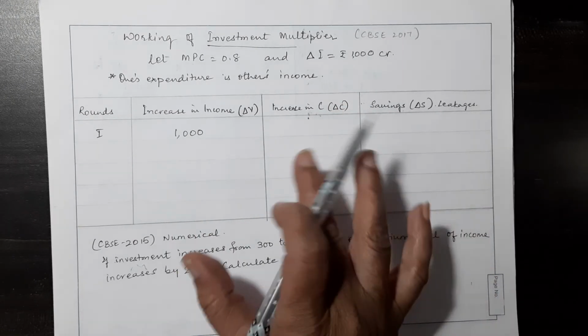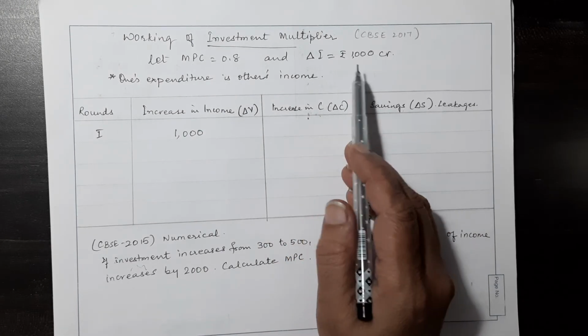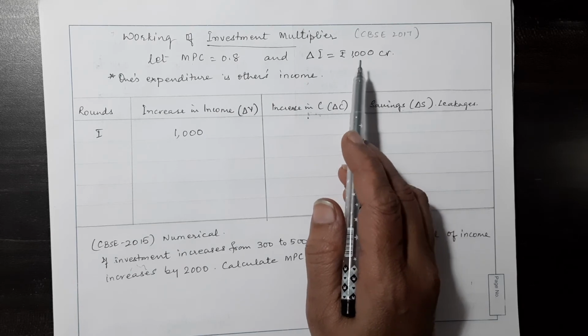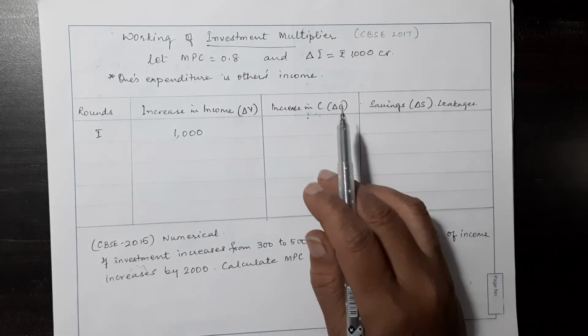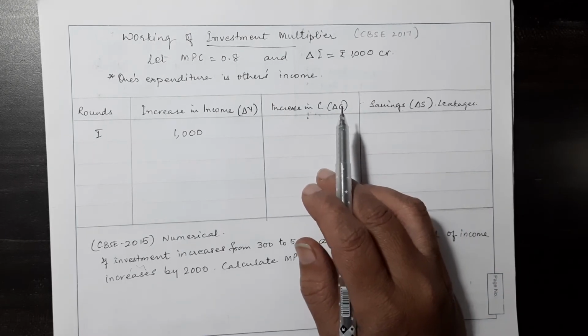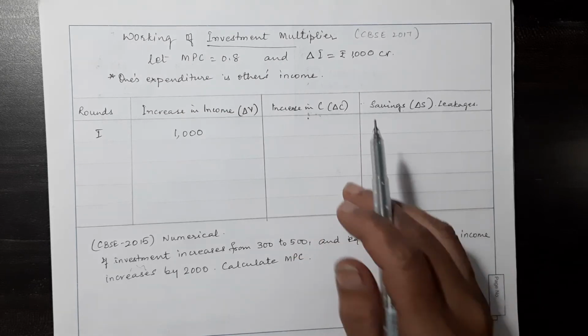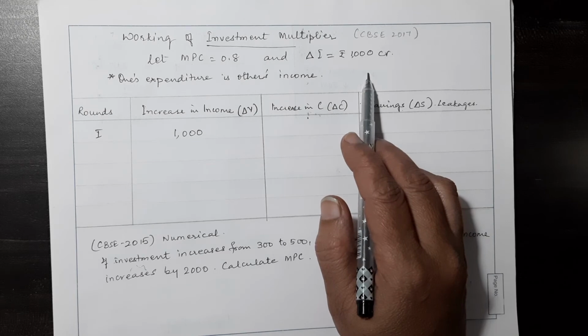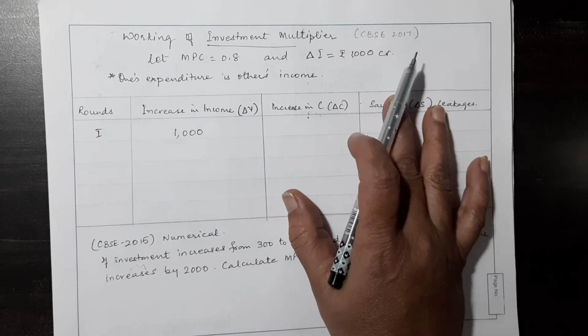So the initial additional investment is 1000 crore, it could be for any program by the government. The expenditure or investment made by the government will generate an additional income of 1000 crore in the first round.